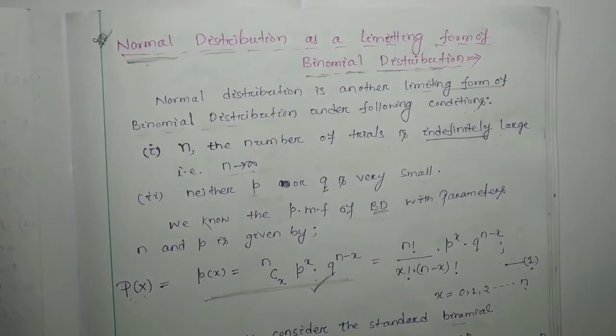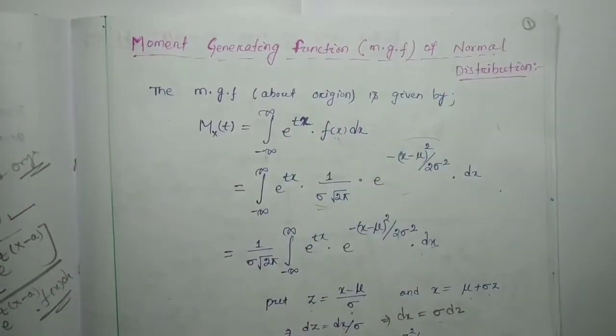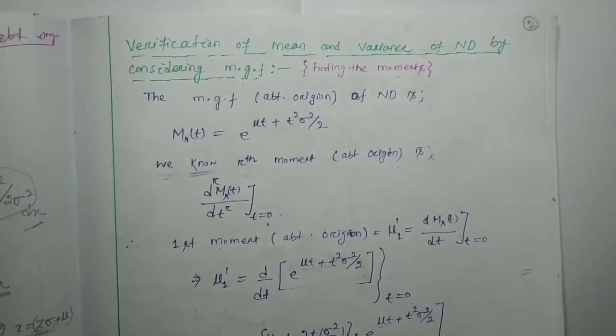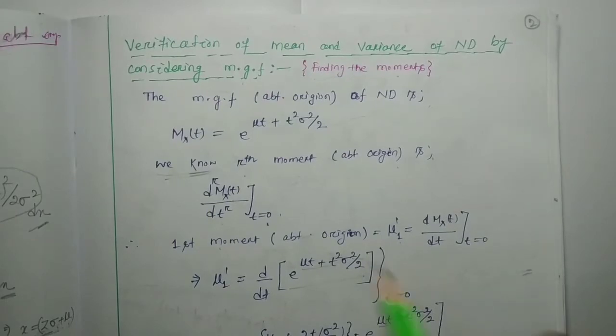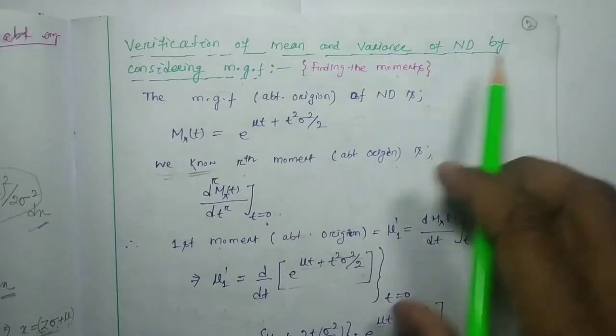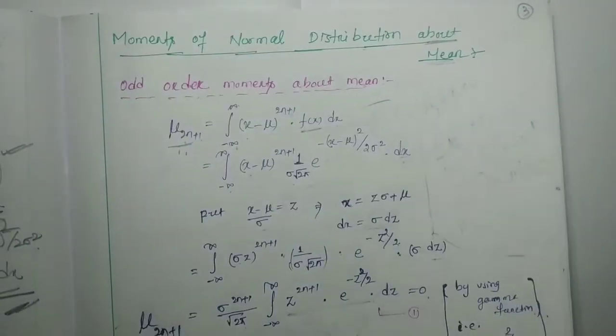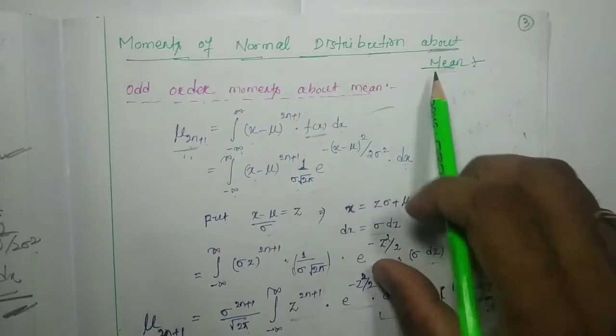Then we discussed the moment generating function of normal distribution, verification of mean and variance of normal distribution using the moment generating function, and moments of normal distribution about the mean.